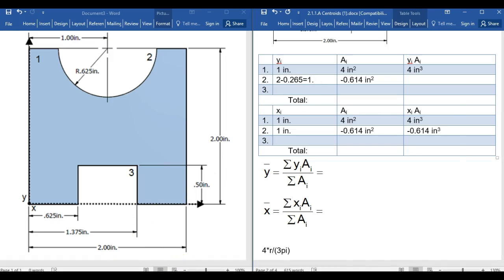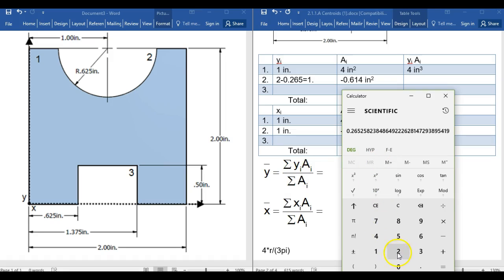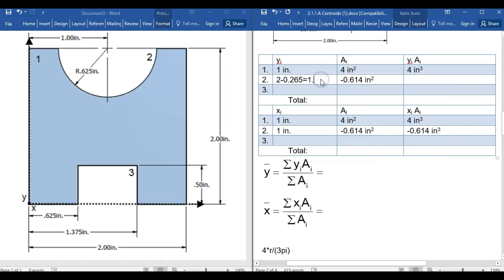Let's pull out our calculator here so we don't make a silly mistake. 2 minus 0.265, 1.735 inches. So that's how far up we're going to have to go to get to this spot right here, which makes sense. It's almost to 2 inches.